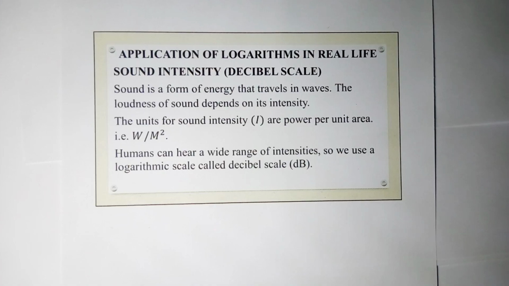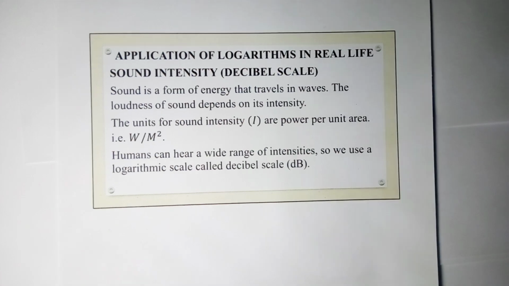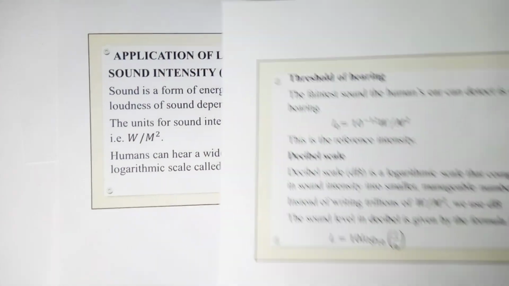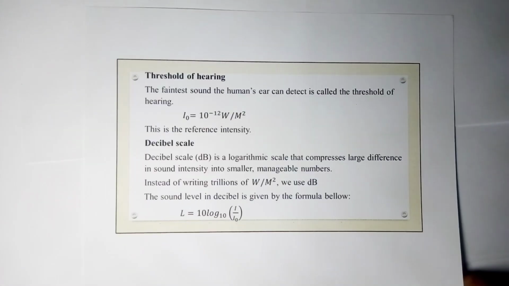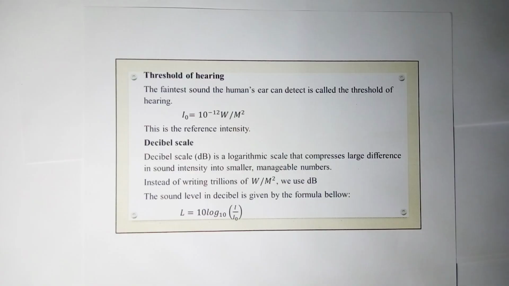Right away, we are going to define some terms which we need to understand as far as sound intensity is concerned. Let us start by looking at what we call the threshold of hearing. This is the faintest sound the human ear can detect.